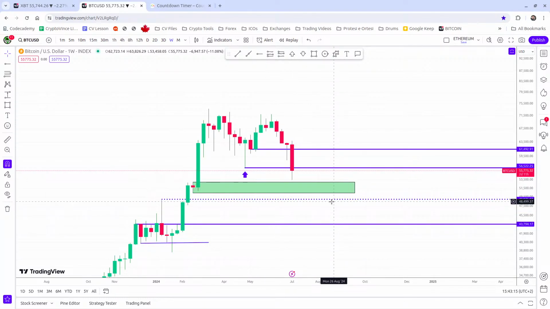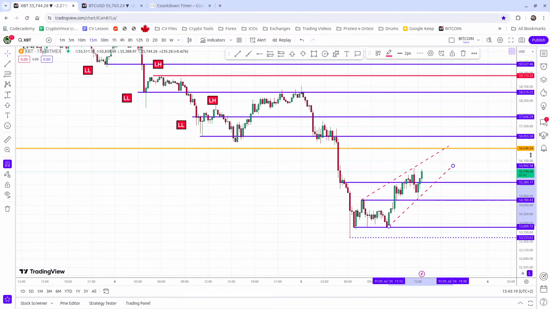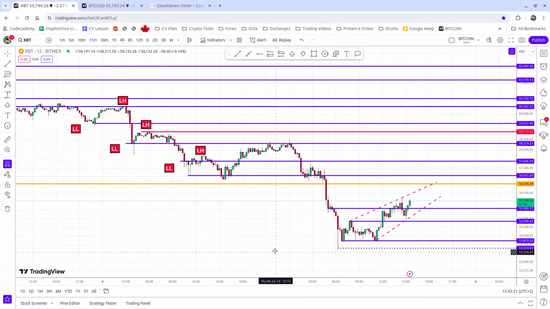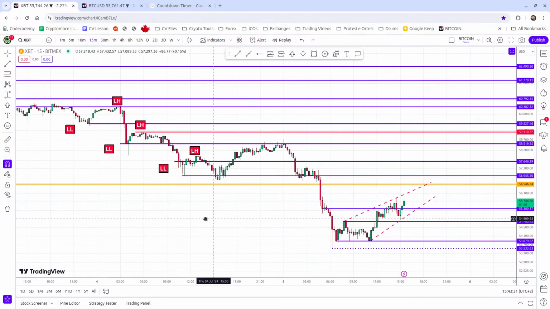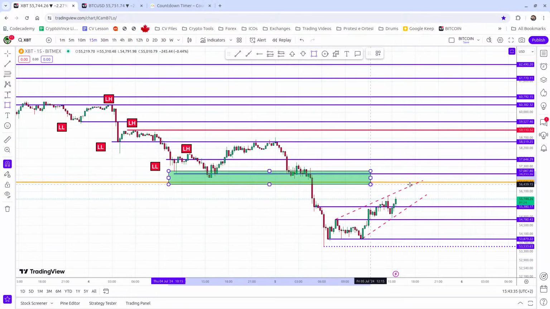But in order to reach there, we need to really break all this resistance level. That's not going to be easy to break everything, but the level to watch at the moment, I would say it's this one.